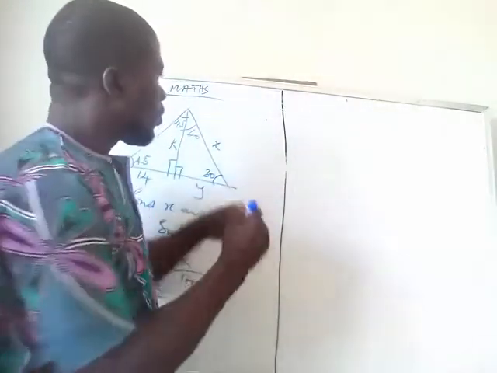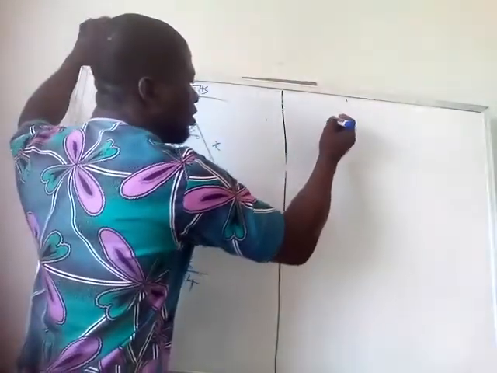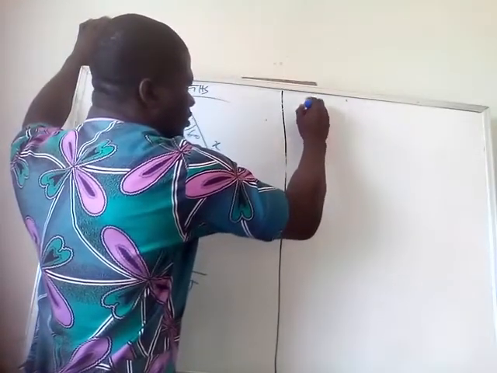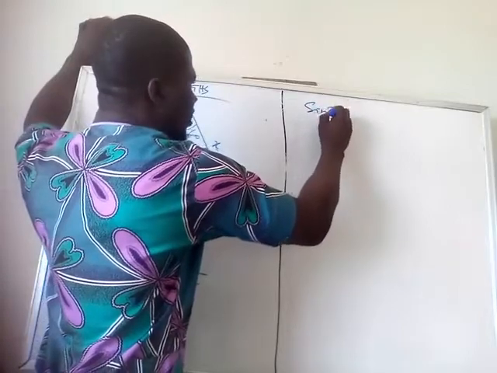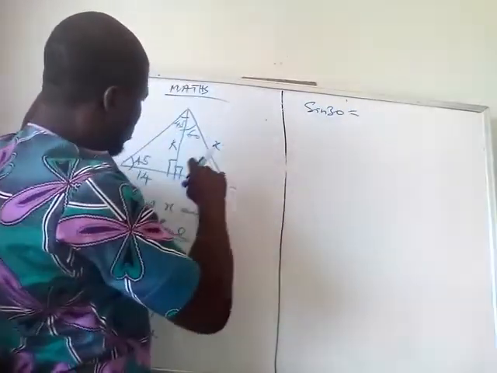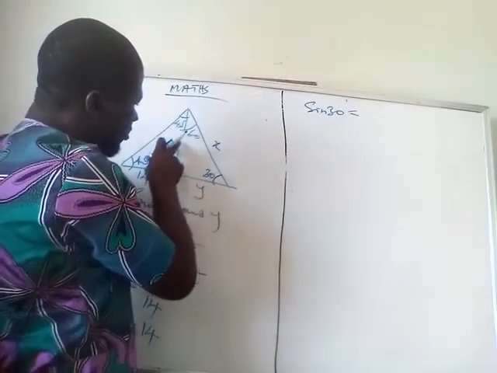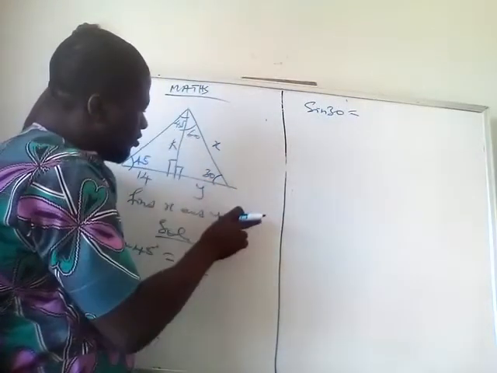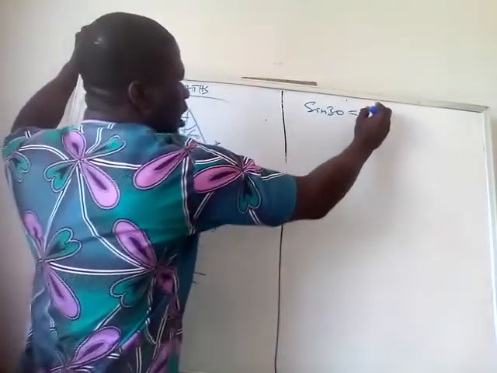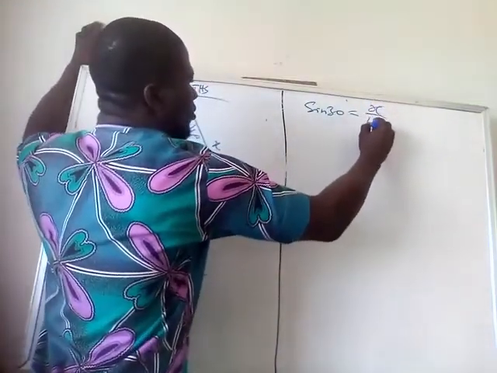Right? We go to opposite over hypotenuse. That will give us sin 30, that is K is 14 now, opposite over hypotenuse. You have x over 14.